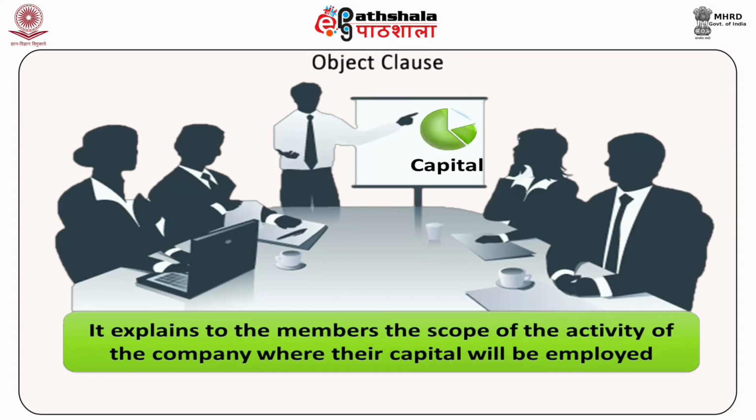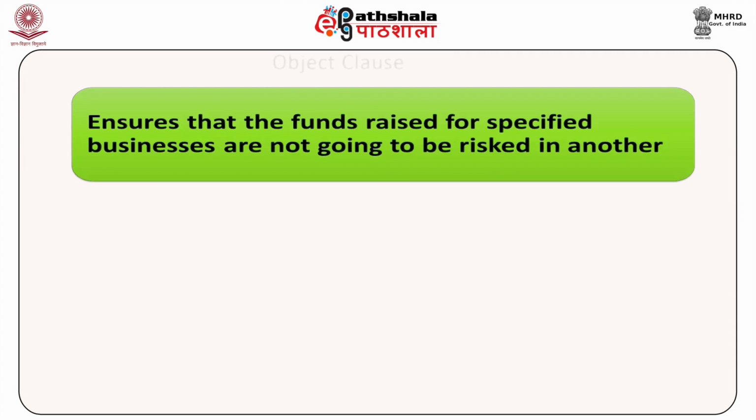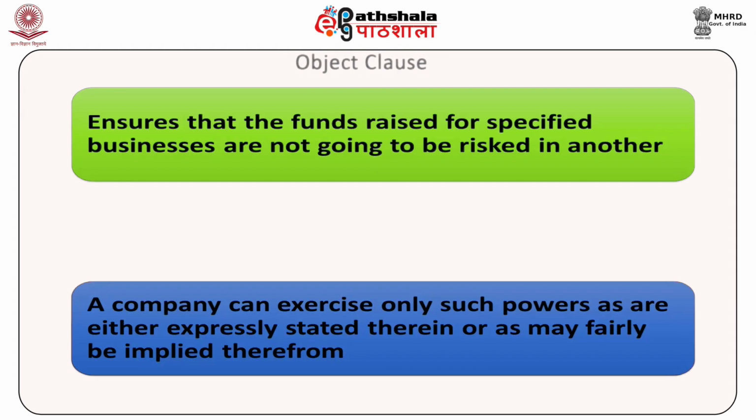It explains to the members the scope of the activity of the company where their capital will be employed. It gives protection to the shareholders by ensuring that the funds raised for specified businesses are not going to be risked anywhere else.